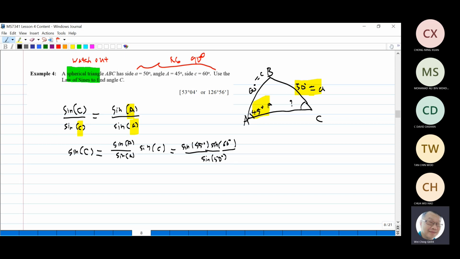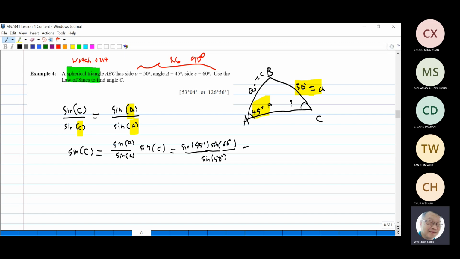Pressing the calculator: sine of 45 degrees times sine of 60 degrees, divided by sine of 50 degrees.